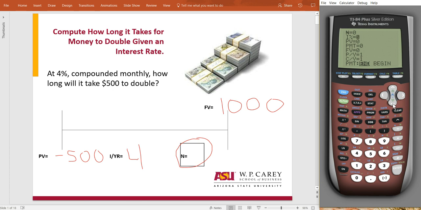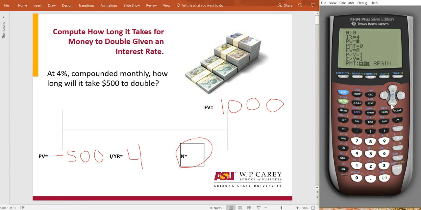I, we said, was 4. You keep that 4%. You don't need to put that in decimal form. You don't need to have 0.04. Leave it as a solid number. If you do, it'll screw things up. So leave that in as a solid number.